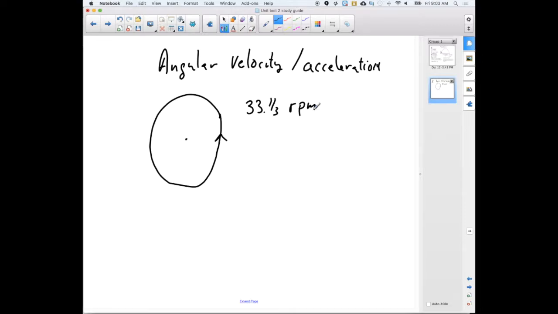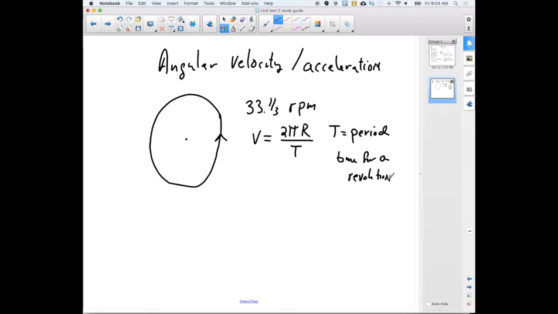So I can define a velocity based on that by saying that velocity is equal to 2 pi r over t, where t is the period, or the time for one cycle, or time for a revolution.